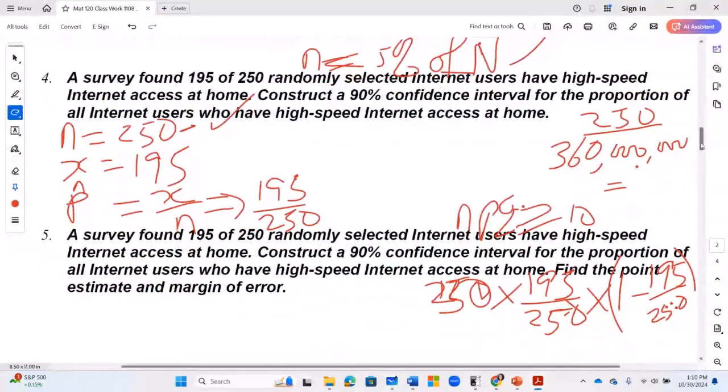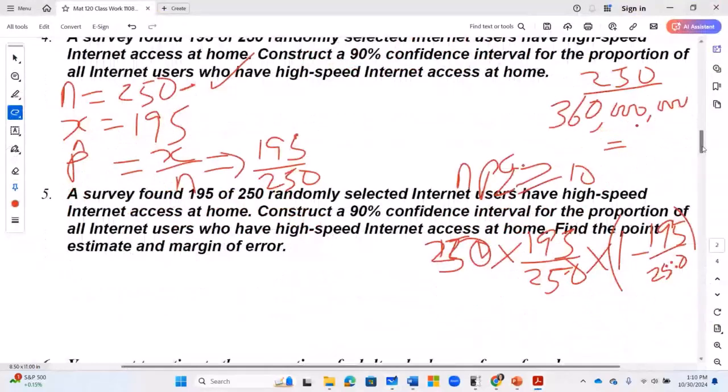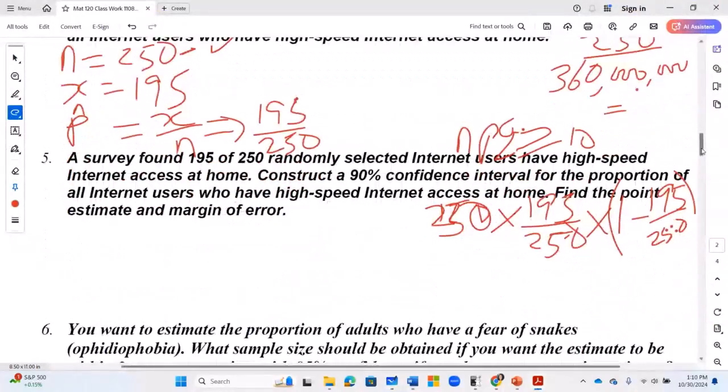Okay. Now I want to do the confidence interval. Let me write it down. The estimate of the population proportion is equal to the sample proportion, which is 0.78. I already found it. Plus or minus the critical value.